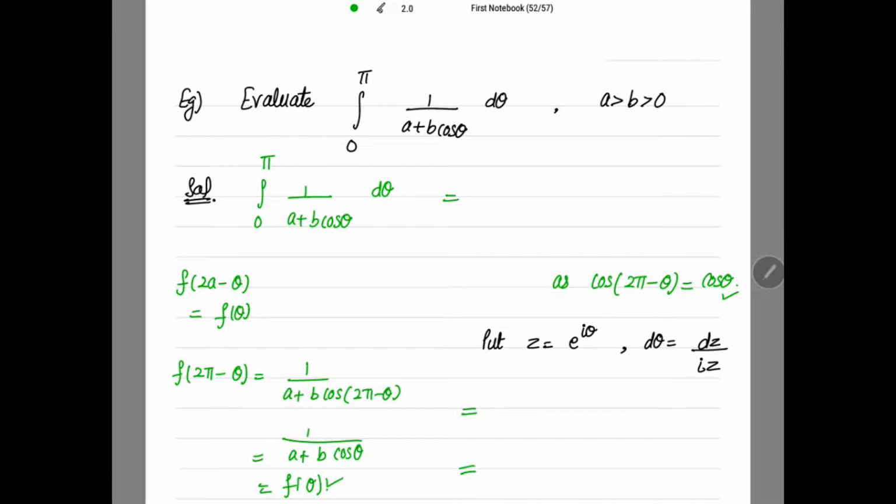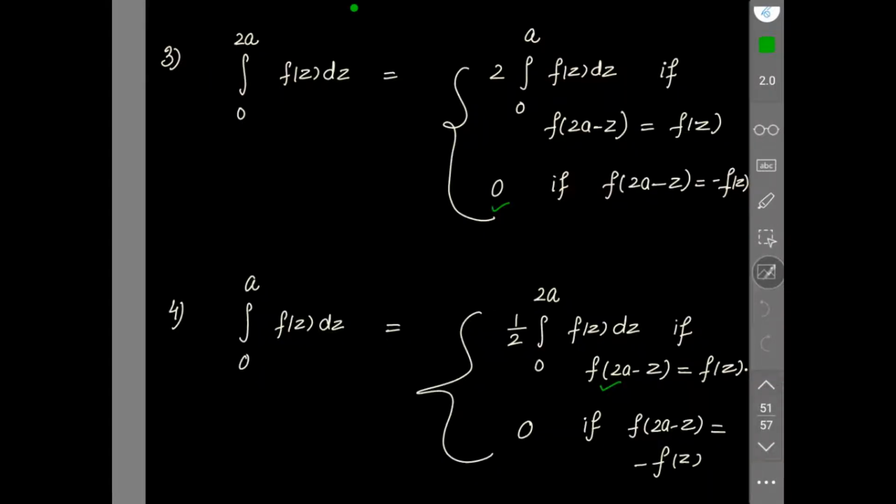Fine? So now can I change this limit? Yes. From 0 to pi, you check your remark again. 0 to a is changed to 0 to 2a, but you have to divide by 2. If your limit is from 0 to 2a and you want 0 to a, you have to multiply by 2.